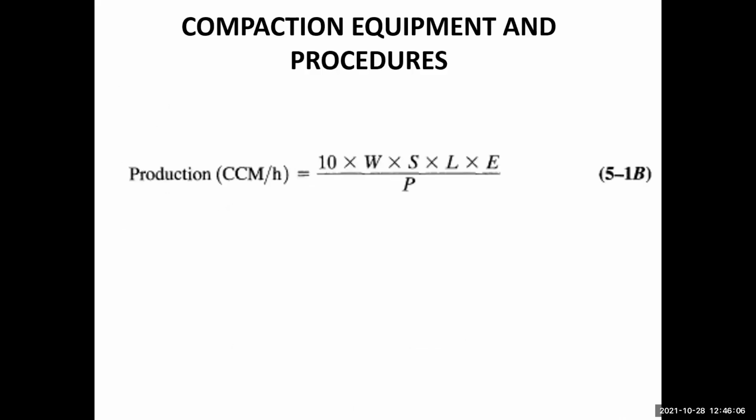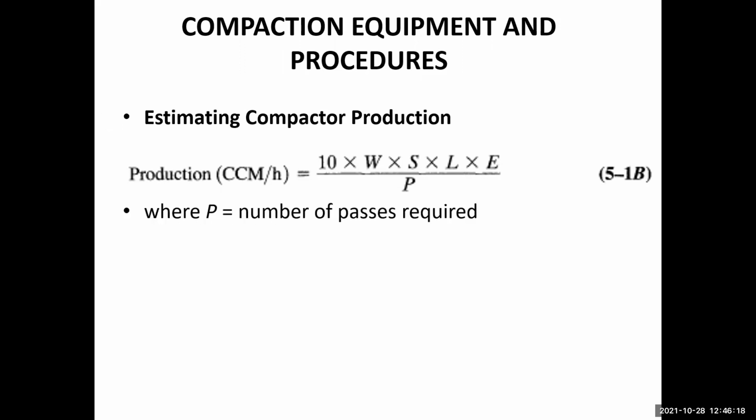Then in those situations, how can we determine the production of the compaction? Estimating the compactor production is achieved by this equation. If we want to find the compacted cubic meters of soil per hour, we can use this formula: 10 times W times S times L times E divided by P, where P is the number of passes required.